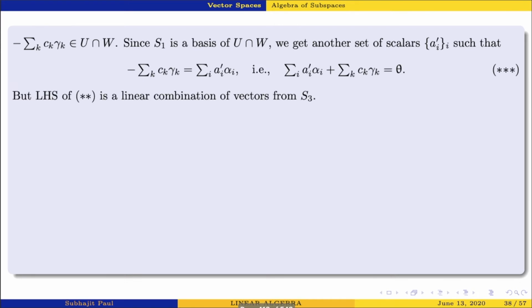This is triple star, not double star, sorry. The left hand side of triple star is a linear combination of the vectors from S3.